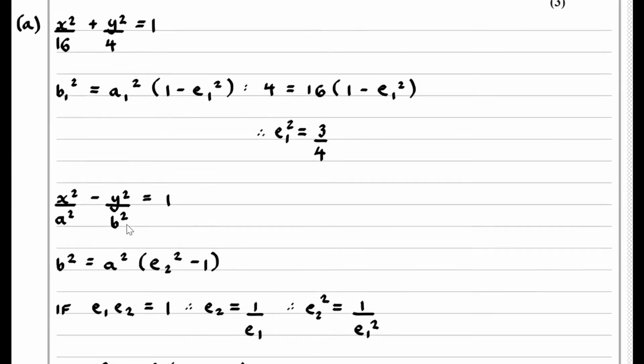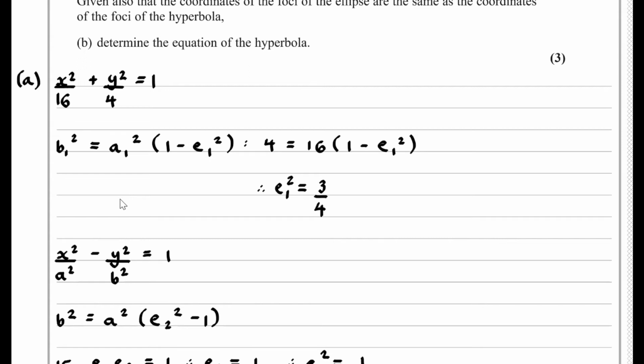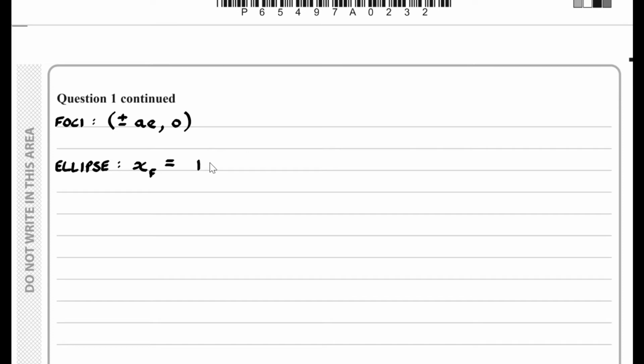Now the value of a over here is the square root of 16 multiplied by the value of e, which is root 3 over 2. So the x-coordinate of the ellipse then is equal to 2 root 3.